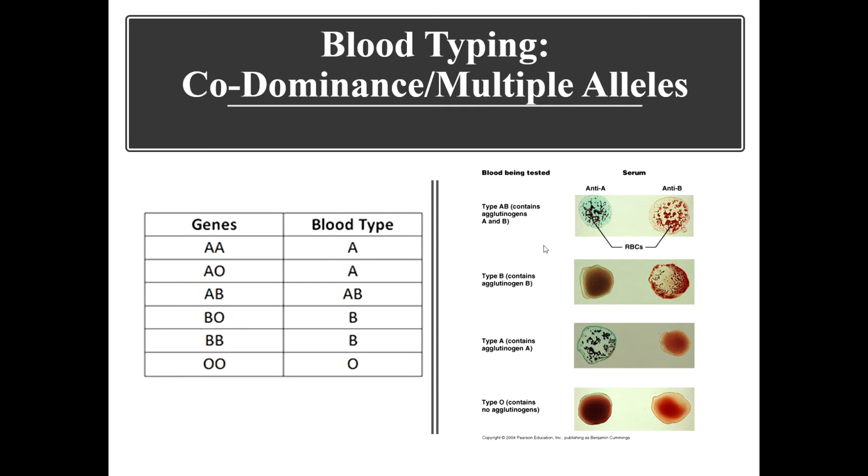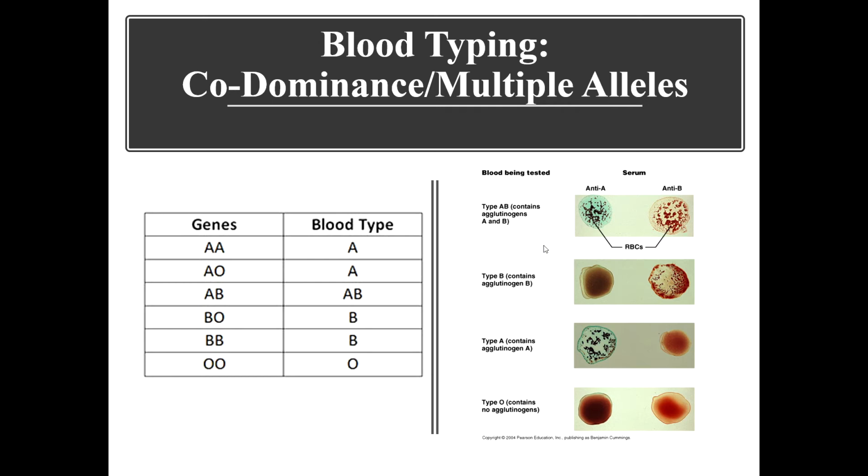So let's say we're going to cross a type O with a type AB. Now remember, with these, we know the genotypes. Type O can only have OO, and type AB has an A and a B. So we know these genotypes. So we set it up just like a regular Punnett square.